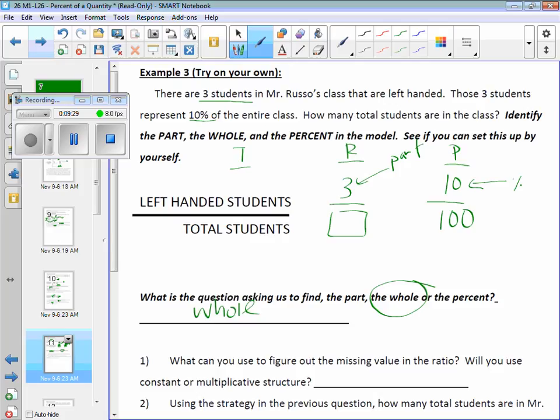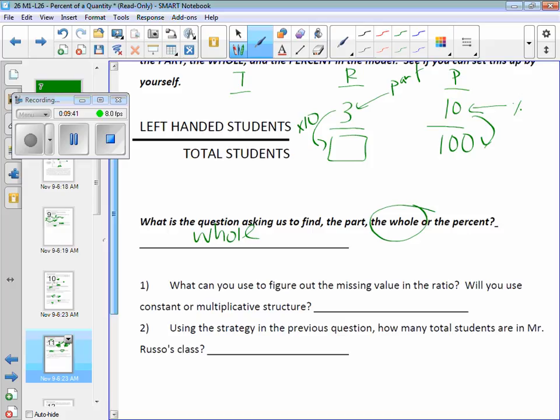It does. It goes nice. Times what? So now what are we going to do that 3? You got it. And that happened to be what? Multiplicative structure or constant M. And the answer is 30 total students.